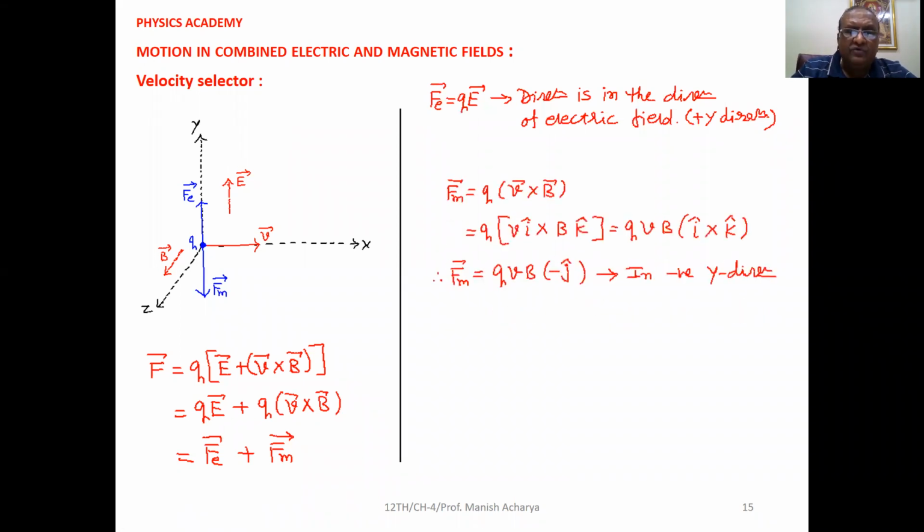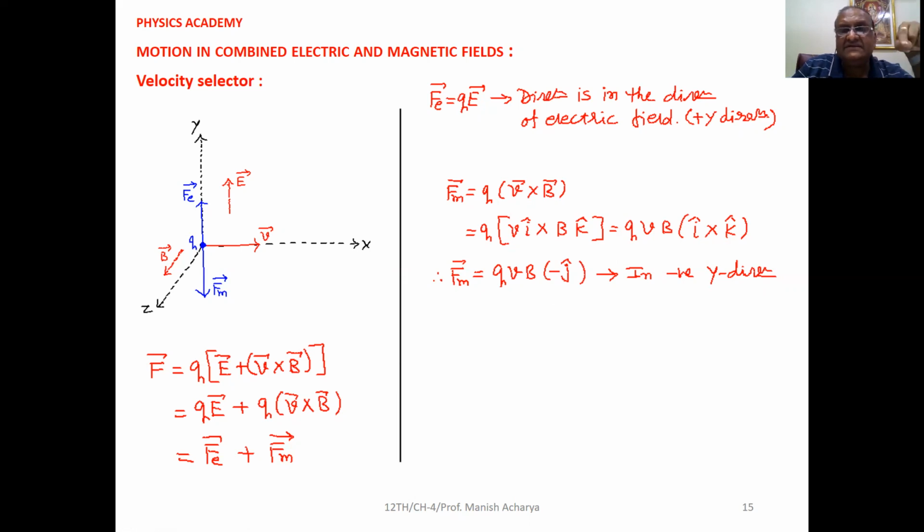Now the magnetic force, that is q into v cross B. v is in x direction, so v i caret. B is in z direction, so B k caret. So the magnetic force is qvB into i cross k. But i cross k is minus j. So minus j represents negative y direction.